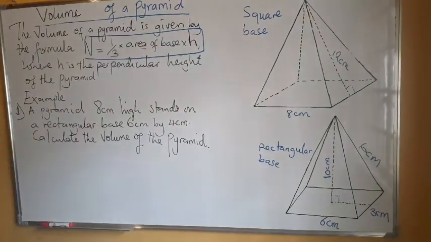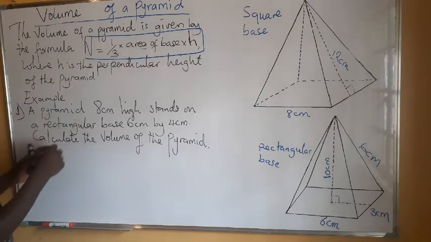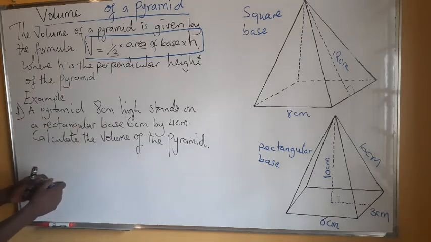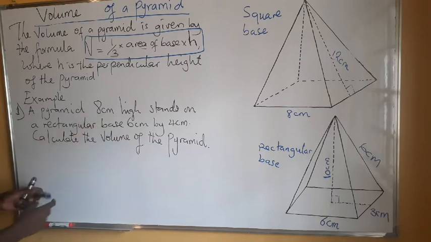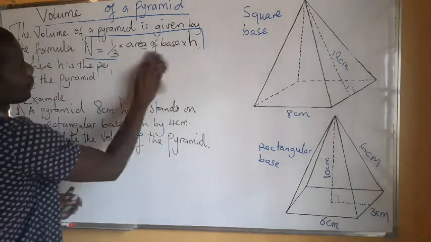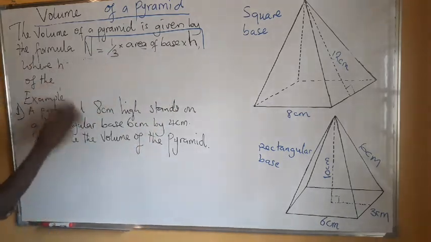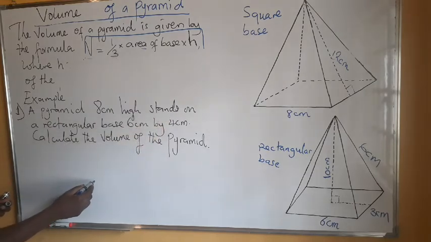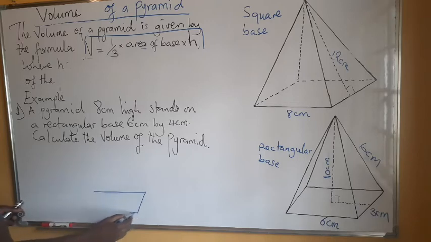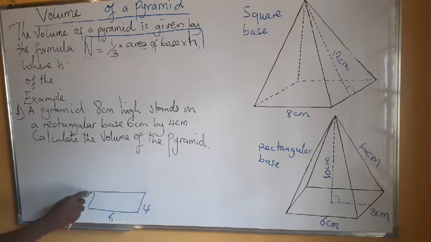In the first question, we are told that a pyramid, which is 8 centimeters high, so we take this as our perpendicular height, 8 centimeters, stands on a rectangular base, which is 6 centimeters by 4.